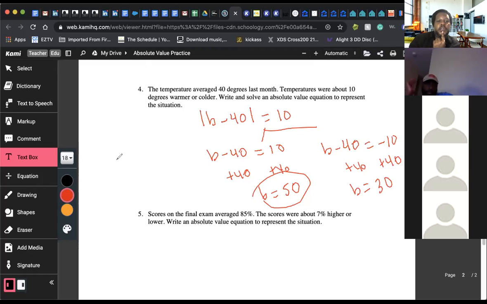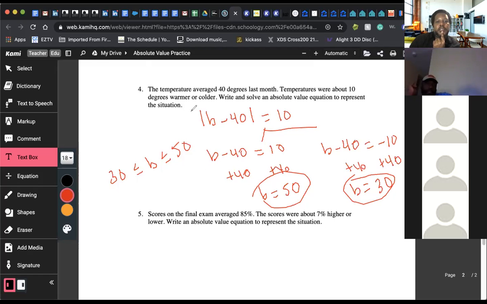Okay, not negative, just 30. So it's 30. So the absolute value inequality to represent the situation is going to be B minus 40.